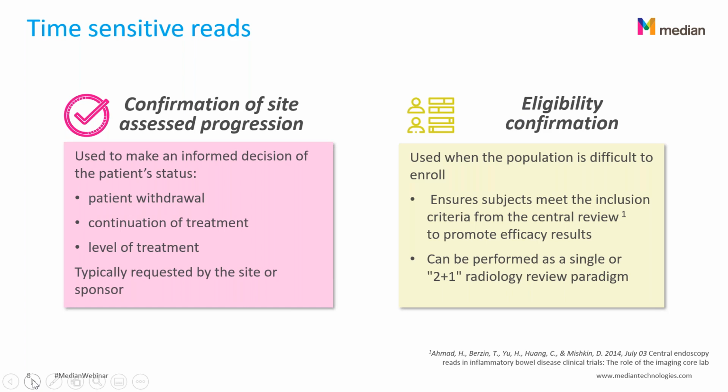So when you have a population that's difficult to enroll, you could use an eligibility confirmation to ensure that the subjects have met the criteria before they continue on within the study. The eligibility confirmation can be performed as a single or a 2+1 radiology review paradigm. And right now we are going to have a poll discussing time-sensitive reads.